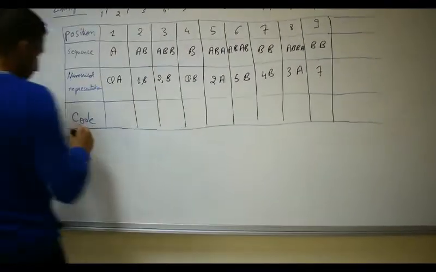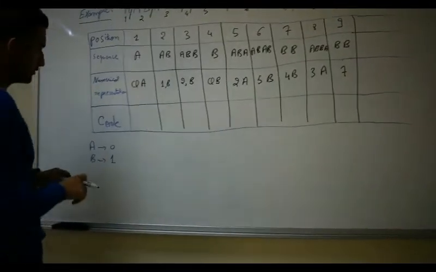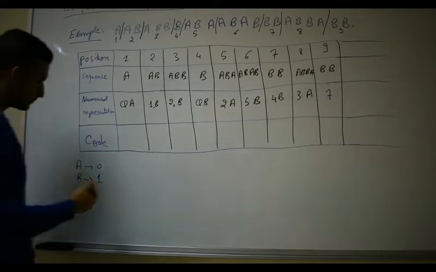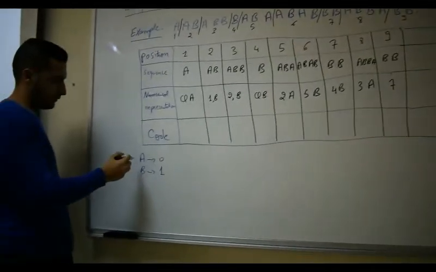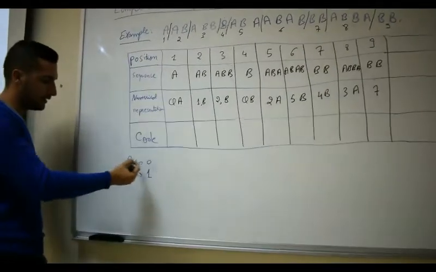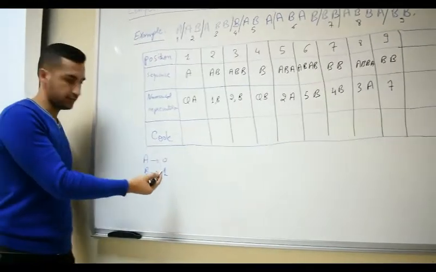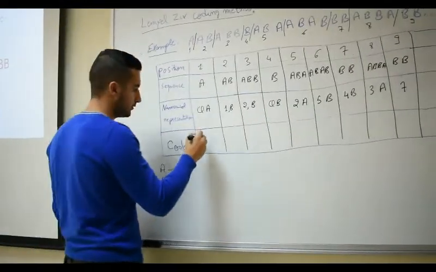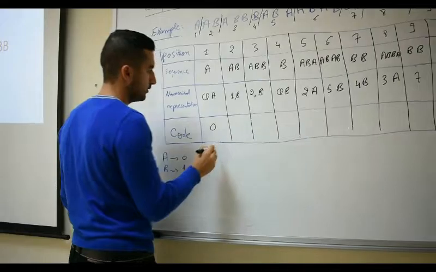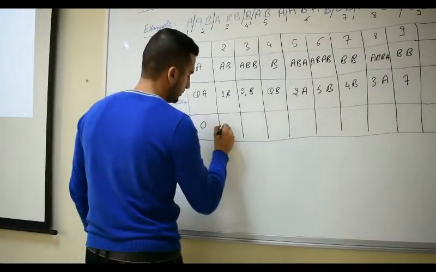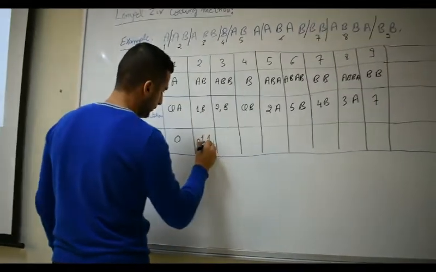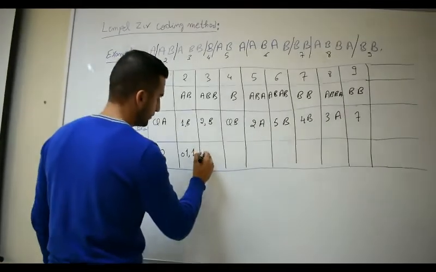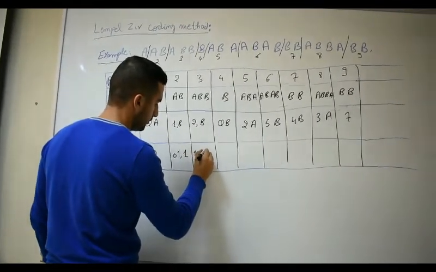And here we write the binary code used in the Lempel-Ziv algorithm. I have written before that A equals 0 and B equals 1. So we use here 0, then 0, 1, 1, 2 is 1, 0, and B is 1.